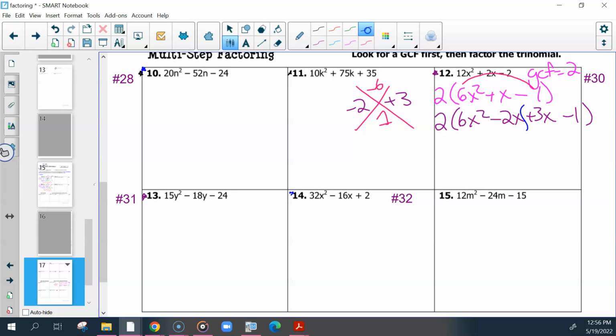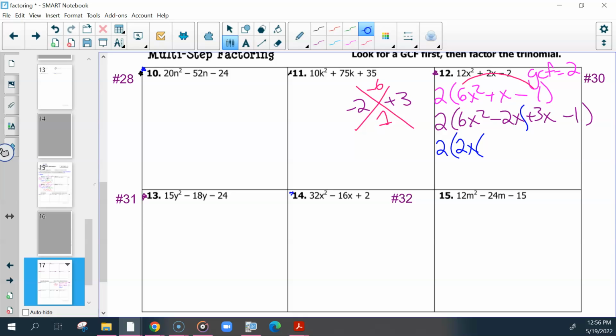And we're looking for what do 6x squared and negative 2x have in common? 2x. So we're going to bring down the 2 that we already factored out, and then write 2x.